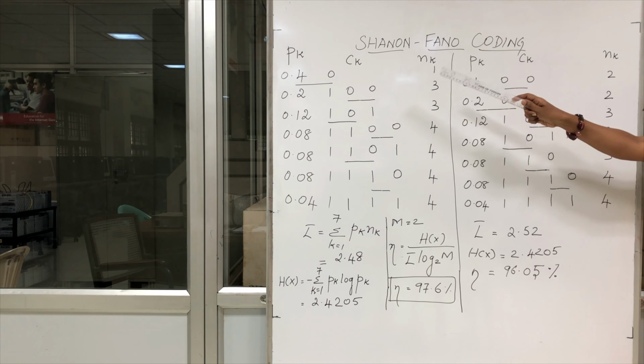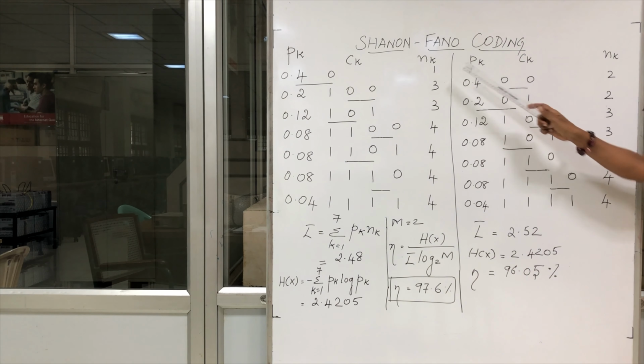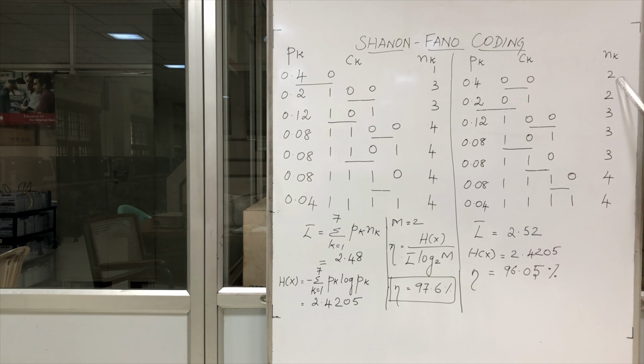Here for the 0.4, the code present is only 1 bit, whereas for this 0.4 the code obtained is 2 bits. So in this situation there will be a difference in the L-bar value, which is the average length. There the L-bar value is 2.48, and here the L-bar value is 2.52. Since the L-bar value is higher, obviously the efficiency becomes lower.